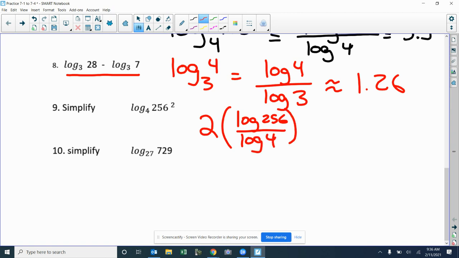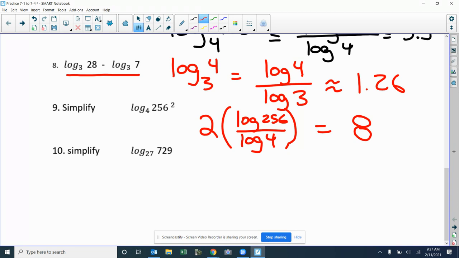Could have made you do that one without your calculator, but I think that ends up being 4. 4 times 2, your final answer is 8. So that calculation right there, log of 256 divided by log of 4, that ends up being 4, and that's gonna be 4 times 2. Everybody okay there?